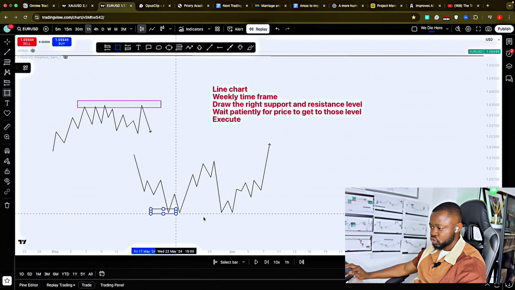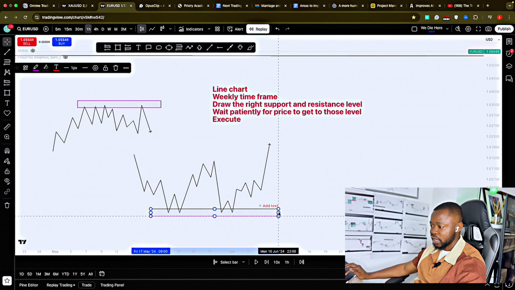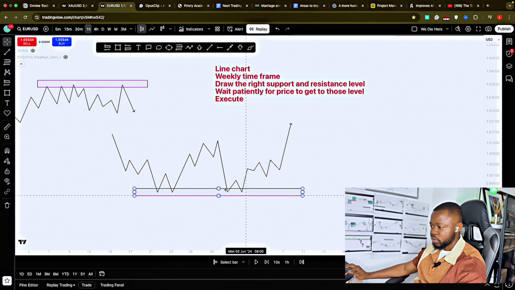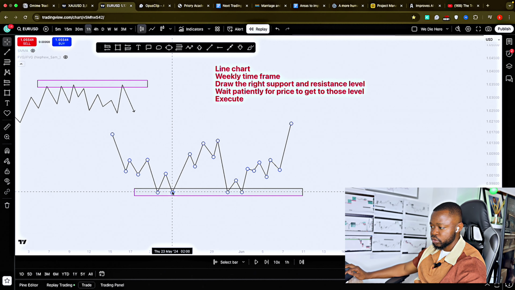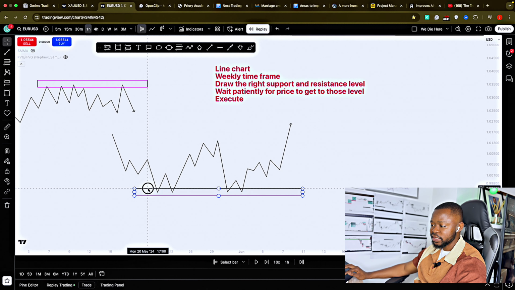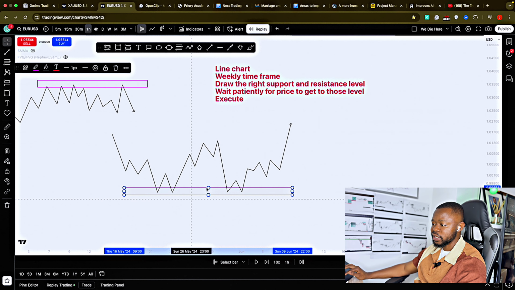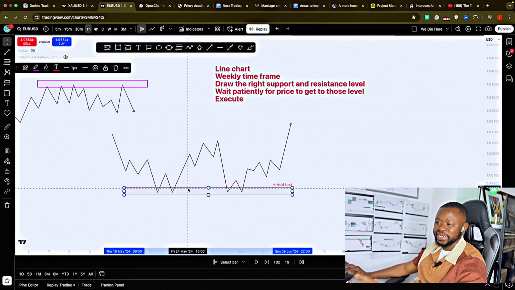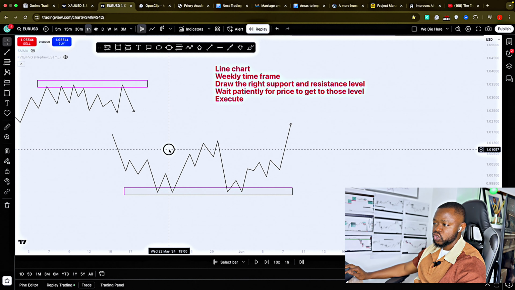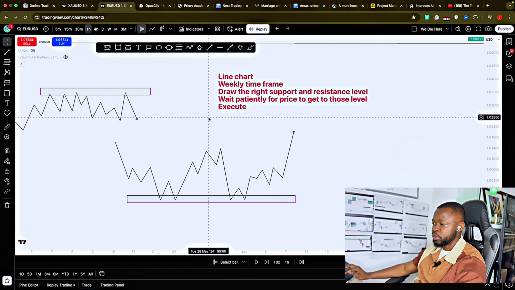If you mark up your zones properly, you can see one touch to the bottom, two touches to the bottom. Now this is creating a price history, where anytime price comes to this level, traders are interested in taking action. So these are key zones you need to pay attention to.